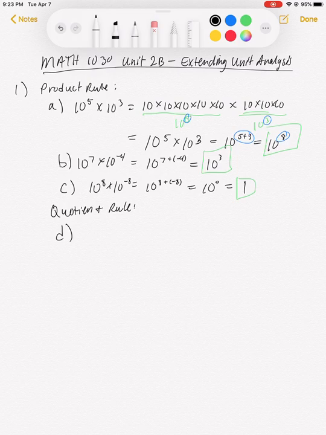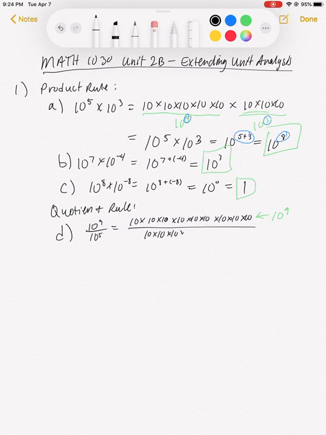Well, we have 10 to the 9th divided by 10 to the 5th. So there's 10 to the 9th right here, and then 10 to the 5th is right here.